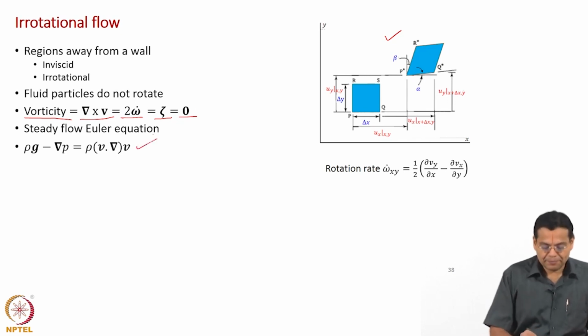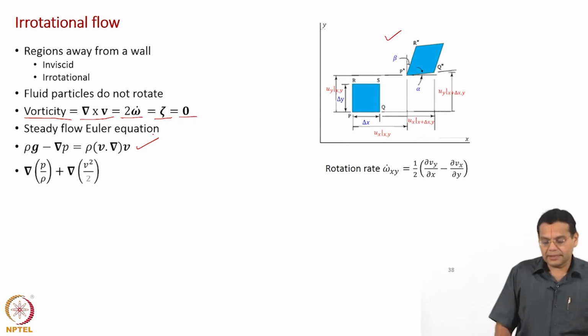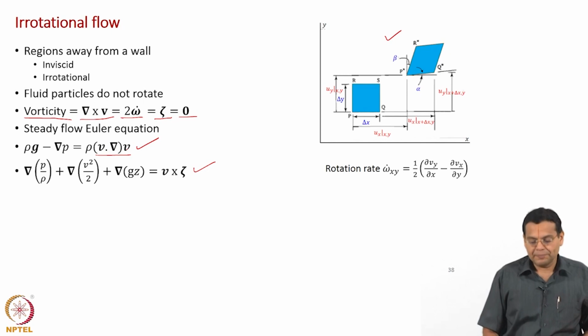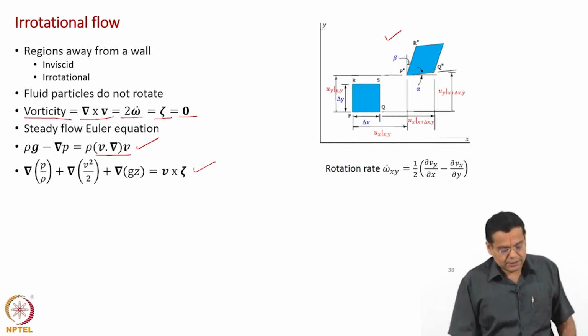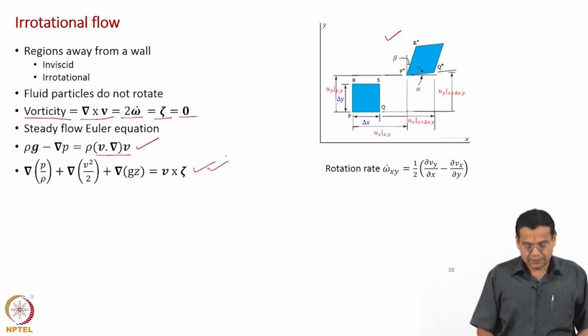This is the steady state Euler equation, and then we used a vector identity for this term and obtained this form of the equation, and of course expressed gravity in terms of a gradient. We also divided by rho, which means the assumption of incompressible flow carries over here as well. So, till this stage whatever we derived earlier applies here as well.